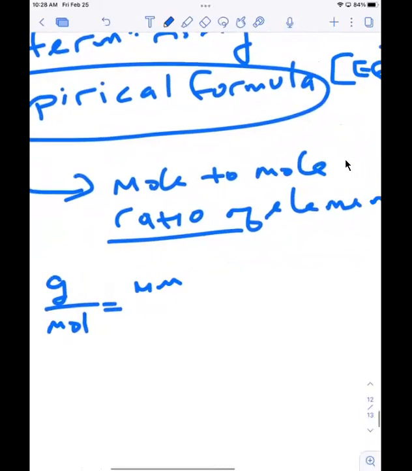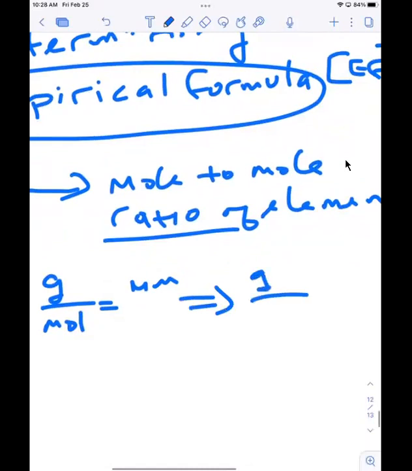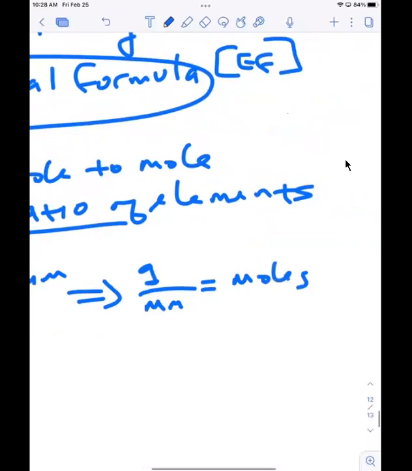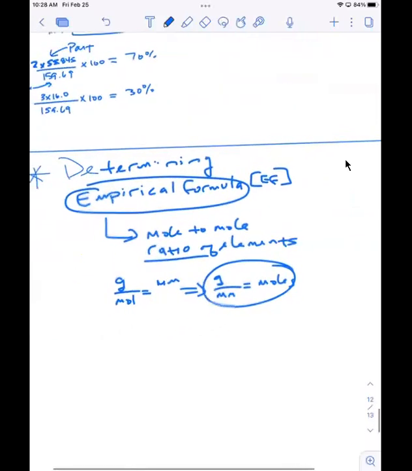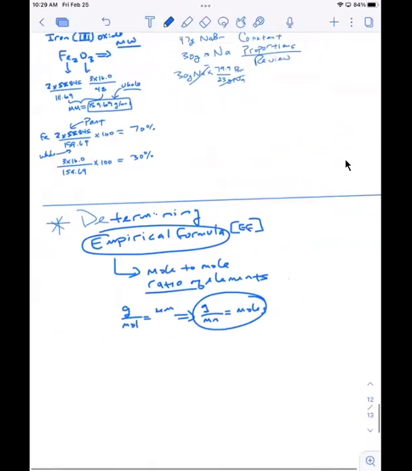Molar mass. So by default, grams over molar mass equals moles, right? We're going to need grams and molar mass in order to find moles. So all these calculations are going to involve either a mass already given to you, or you finding the mass or determining the molar mass, to find the mole to mole ratio. So those are two calculations that we're going to oscillate between.